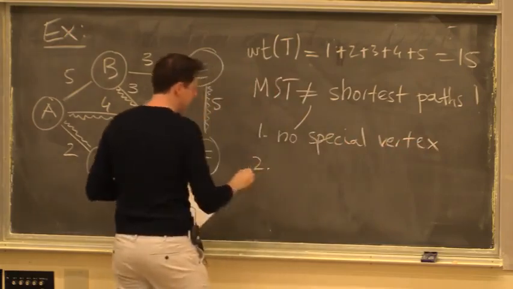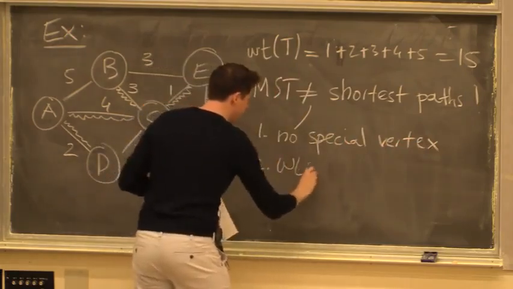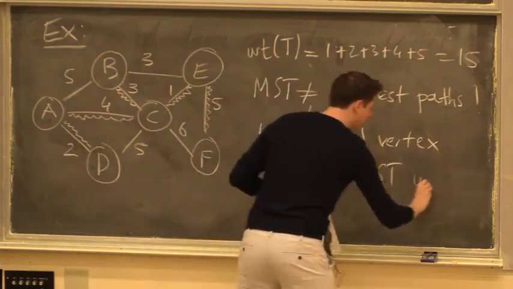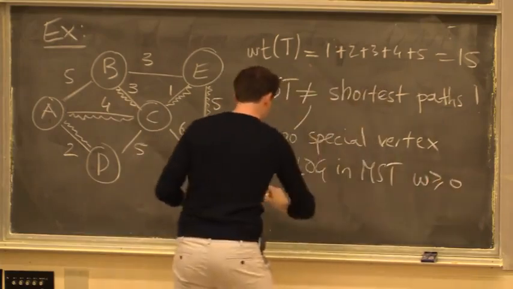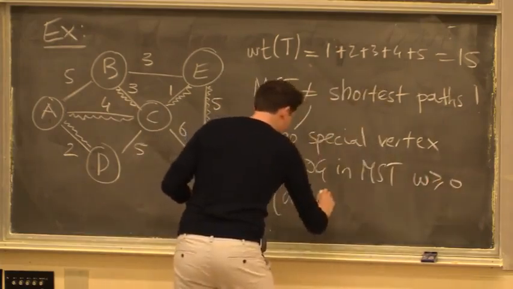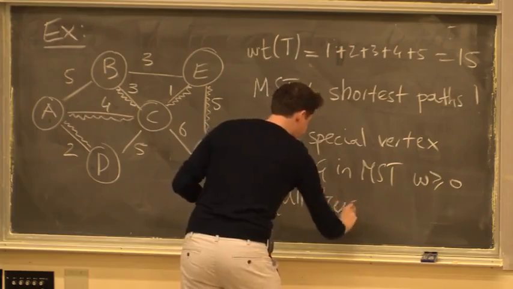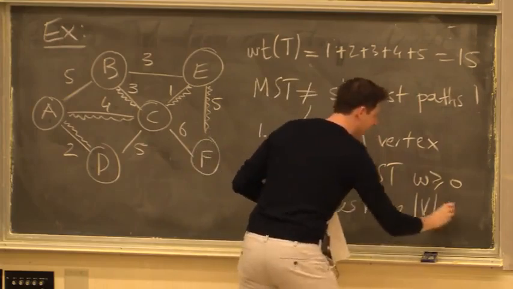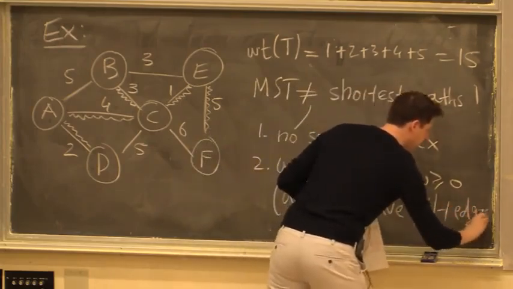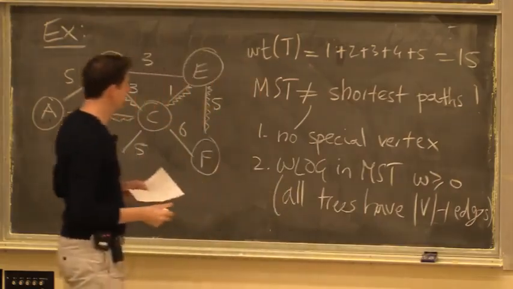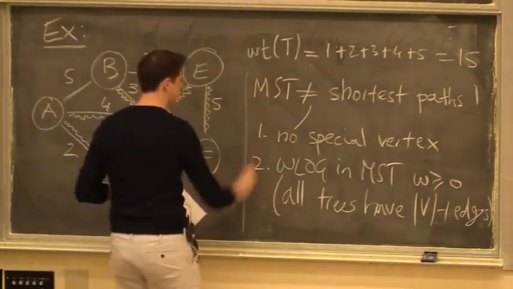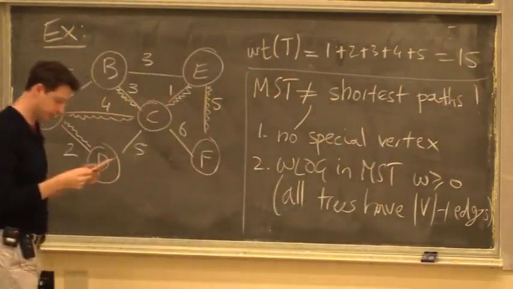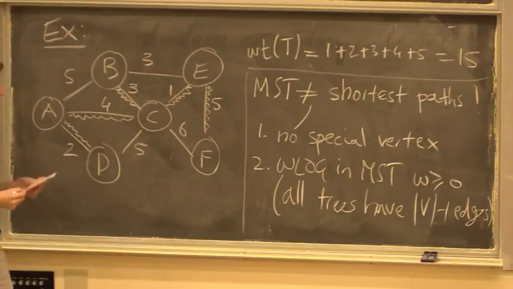Another way in which you can see that they're different is that you can say WLOG in MST, the weights are non-negative because all trees have V minus 1 edges. This is just a remark that may help you understand the problem a little bit better.